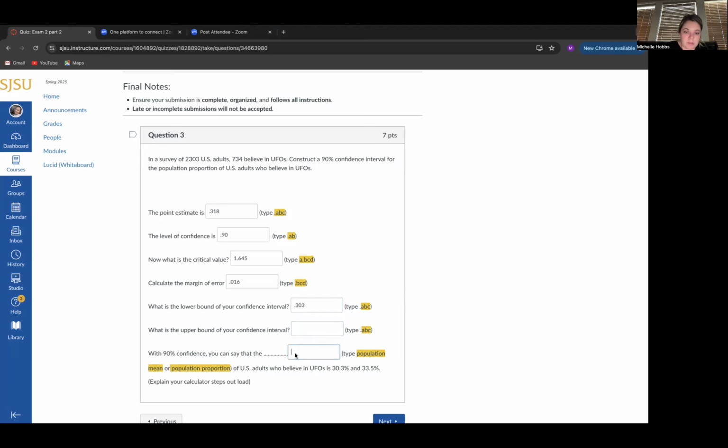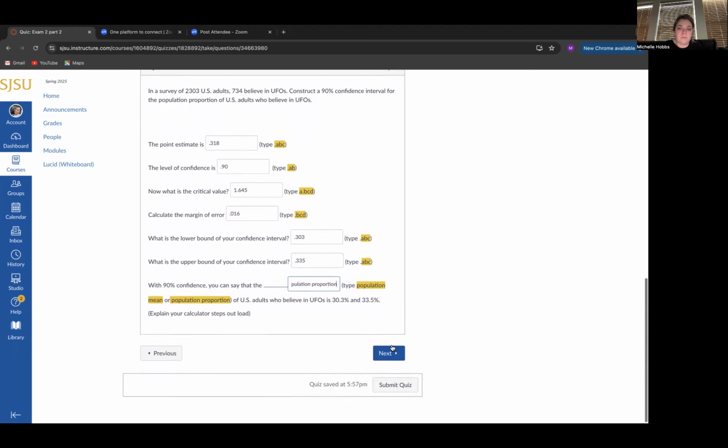And then the upper is going to be 0.3187 plus 0.01597, which is going to be 0.335. And we are finding out the population proportion.